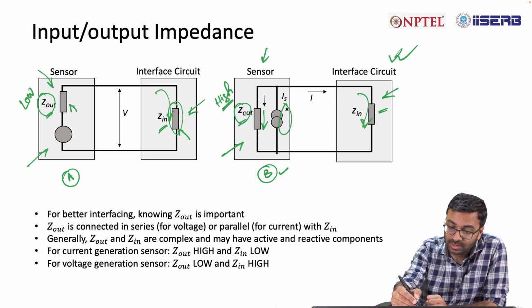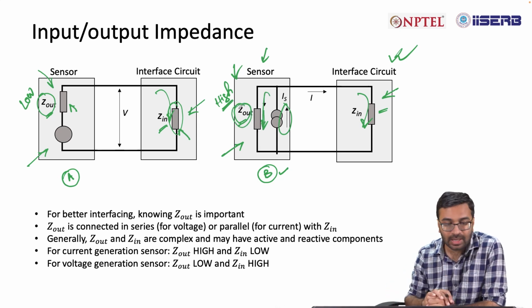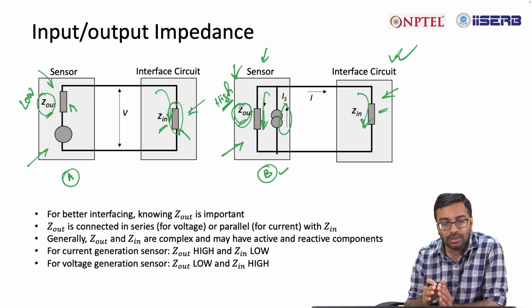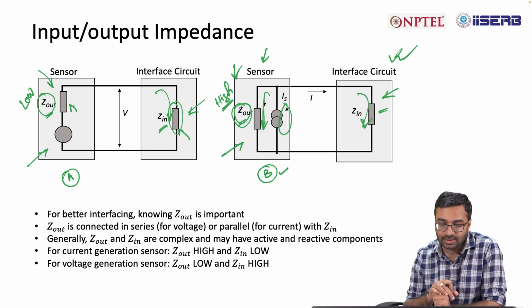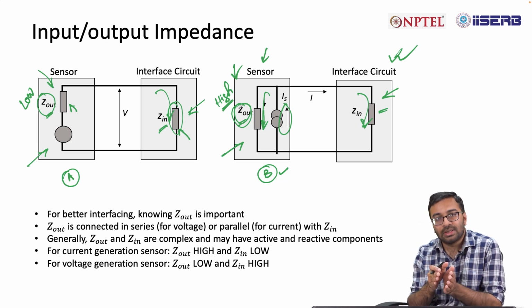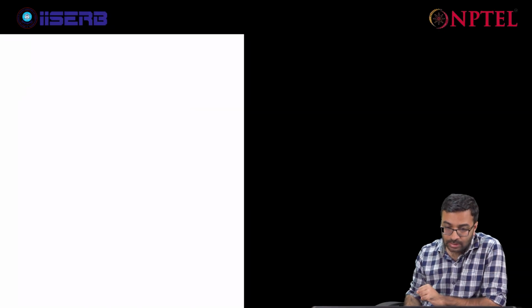If you keep your Z out low in this case, then most of the current will pass through it, which is not desirable. So you keep your Z out as high as possible. This is regarding input and output impedance of a sensor. So this part is more or less associated with the interface circuit. Okay. So we are almost at the end of our discussion related to sensor parameters.